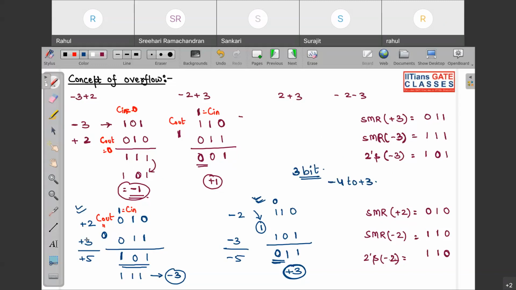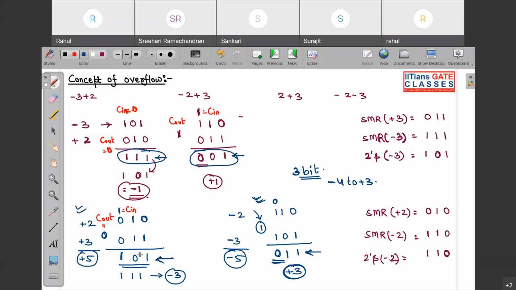We are representing numbers that are +5 and -5. You can see this result is a 3-bit 2's complement number, even this is a 3-bit 2's complement number, and this is also a 3-bit 2's complement number.